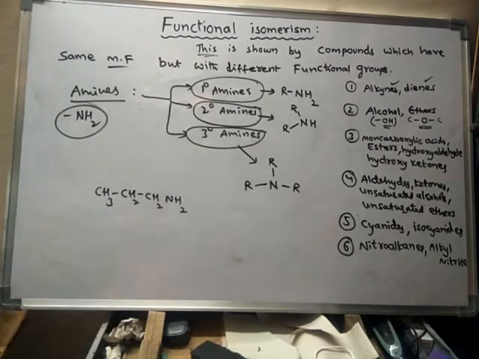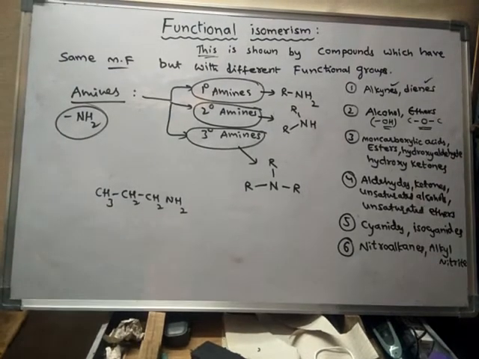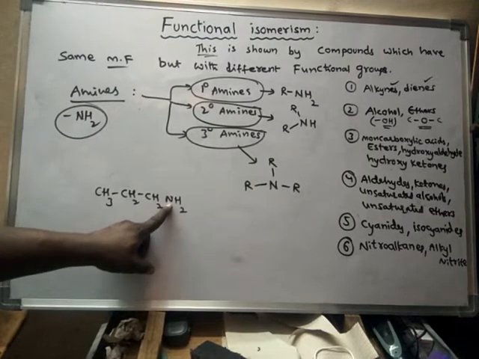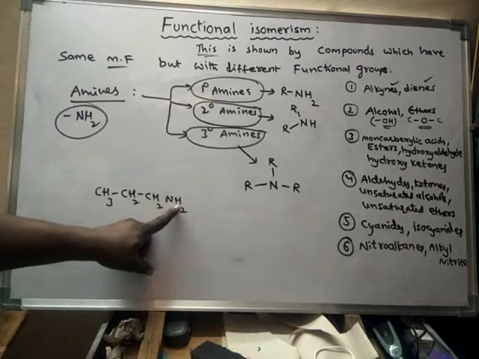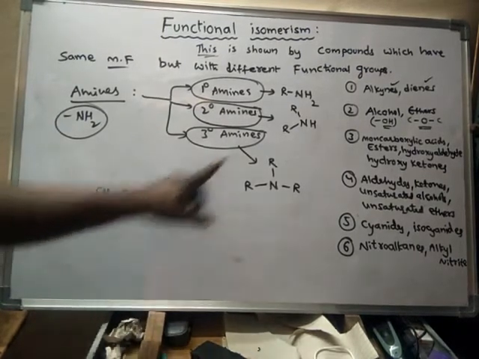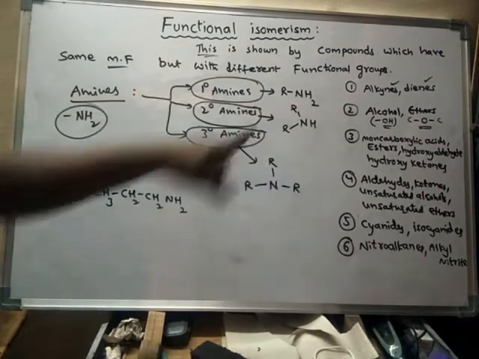This is a primary amine. How can we say that it is a primary amine? Because two hydrogens are directly attached to the nitrogen. This type of functional group, this type of arrangement of atoms, is present. Hence it is a primary amine.